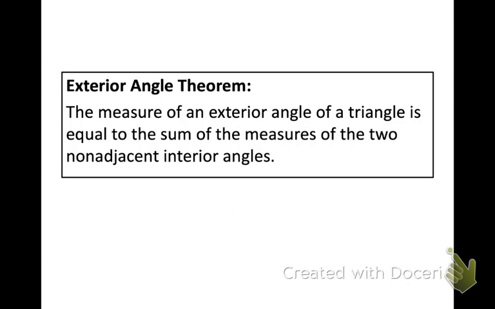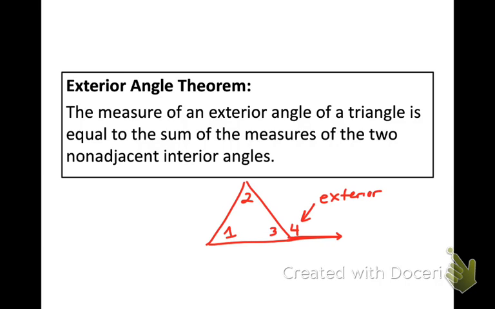So if we have our triangle, right, here's my triangle. Here's angle 1, here's angle 2, here's angle 3. If I put an exterior angle adjacent, so next to angle 3, and make that angle 4, then this is the exterior angle. 1 and 2 would be your non-adjacent interior angles, right?